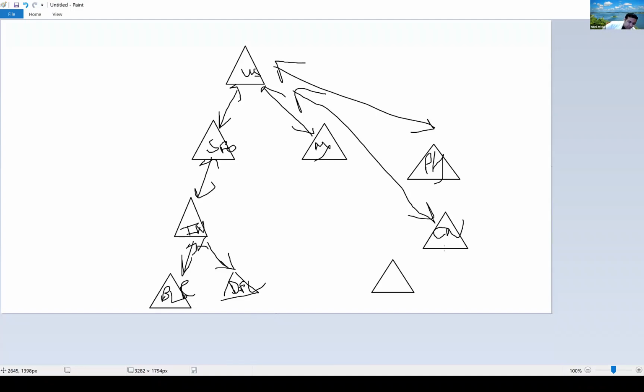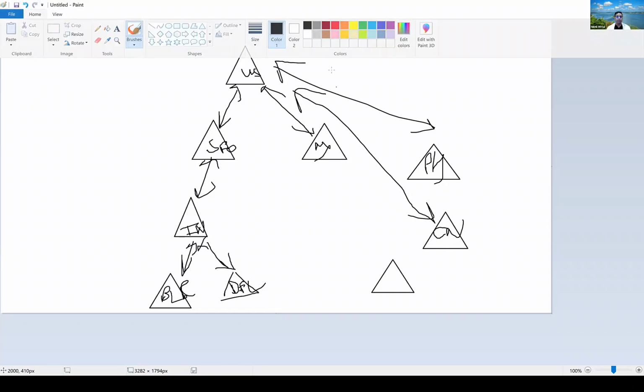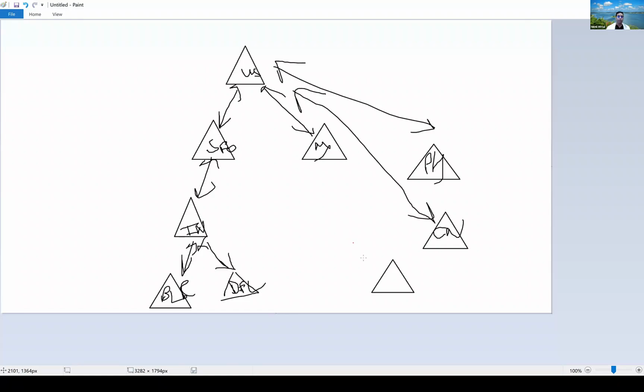Now, the way we understand a forest works is if any of these domains is compromised, no matter how many levels they are, let's say if the Bangalore site is compromised, they can make their way from Bangalore to the IN site, IN to SFO, SFO to US.